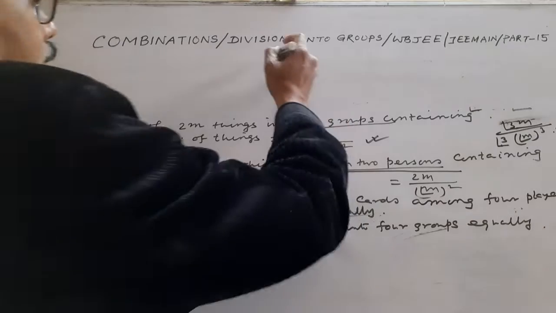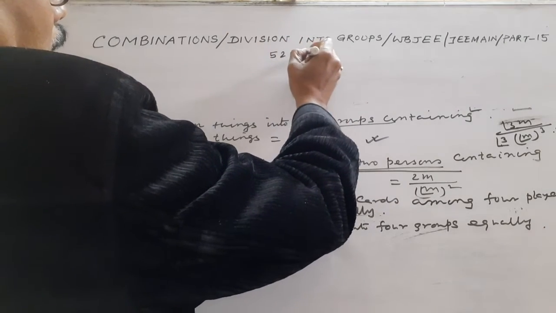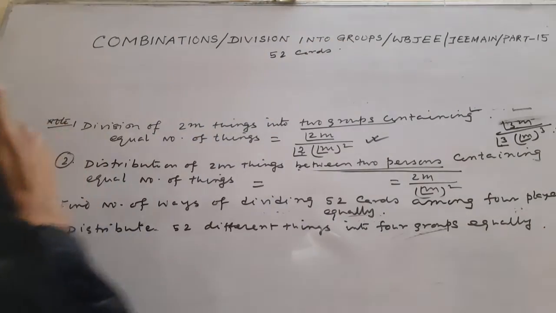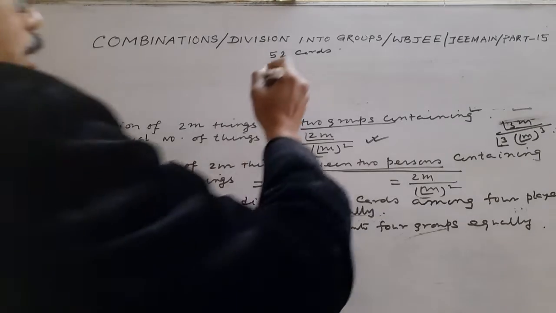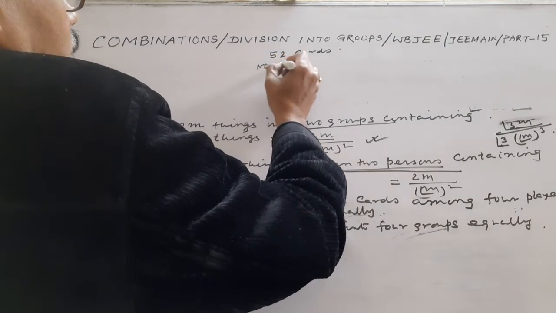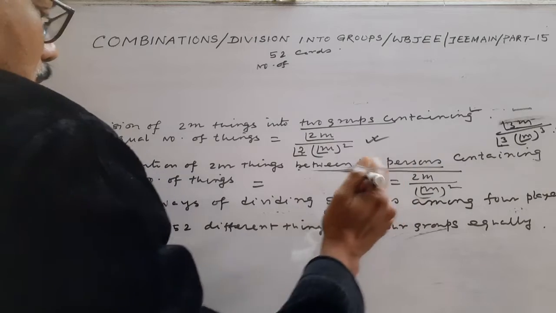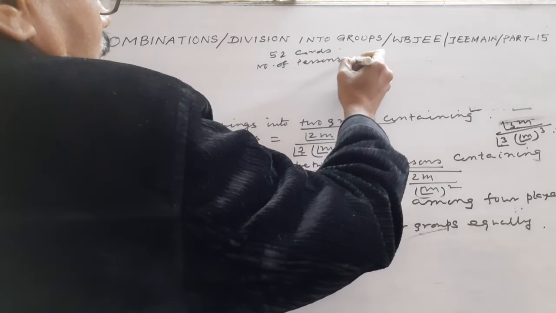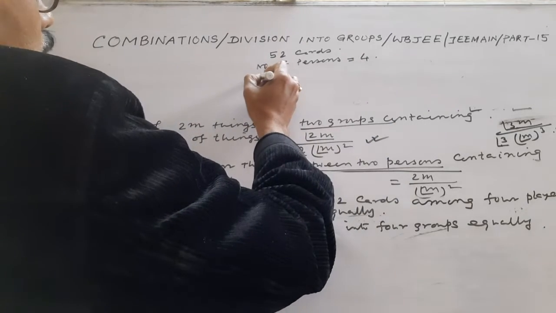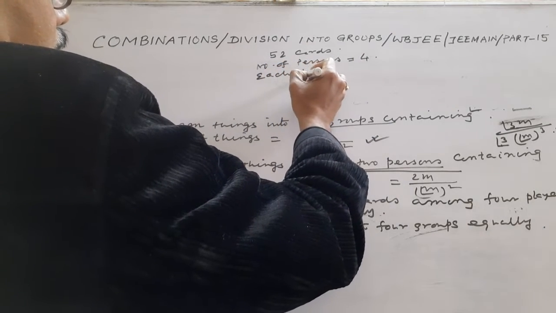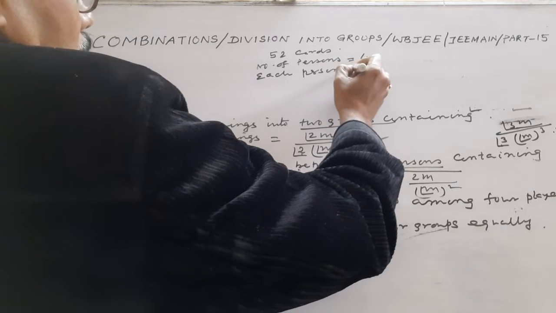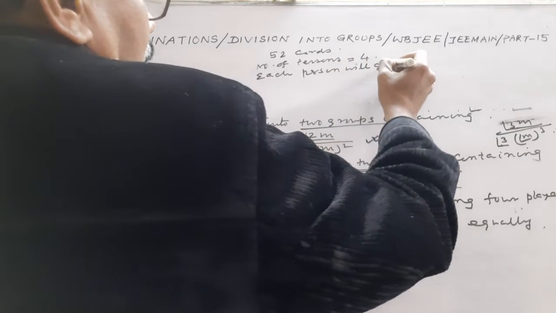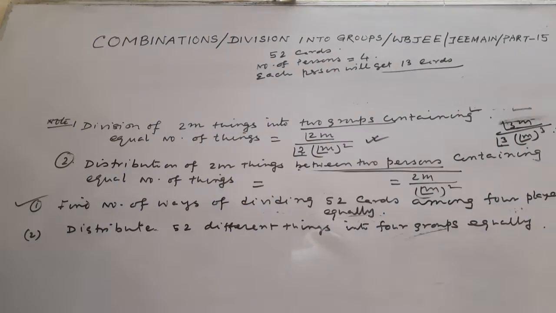So 52 cards, you know there are 4 types of cards and they are all different. All are different. So the number of persons equals 4. So each person will get 13 cards because the cards are distributed equally.